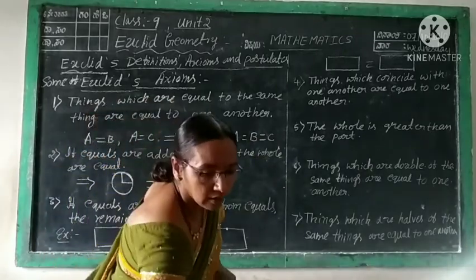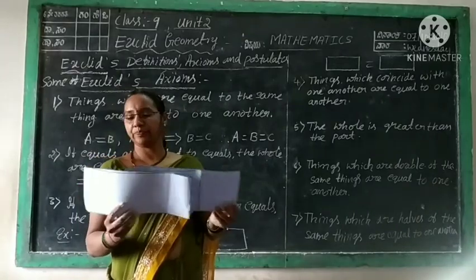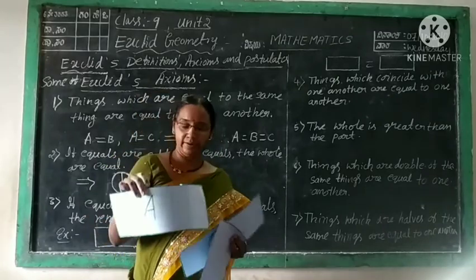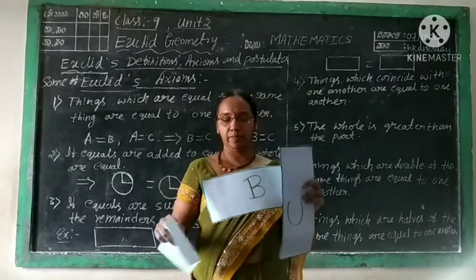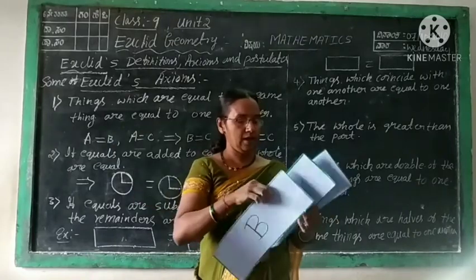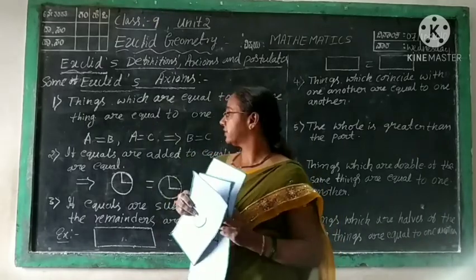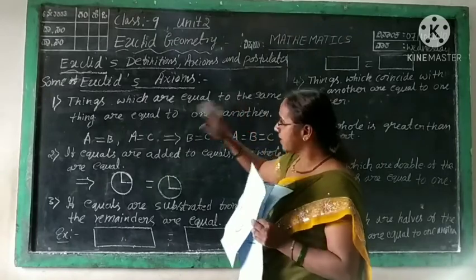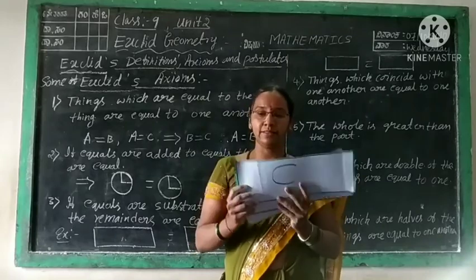For example, we see three rectangles: A is one rectangle, B is another rectangle, and C is another rectangle. These three rectangles have equal length and equal breadth.